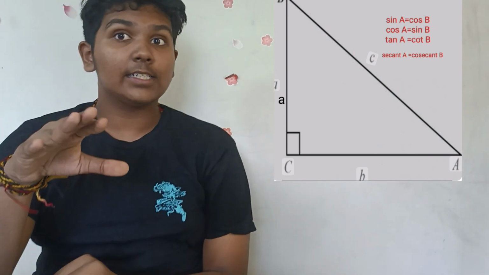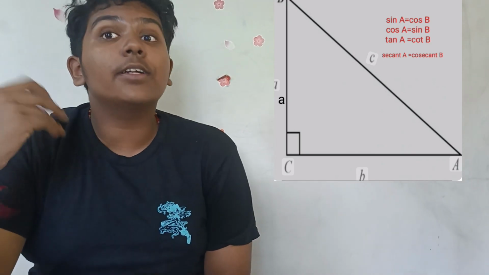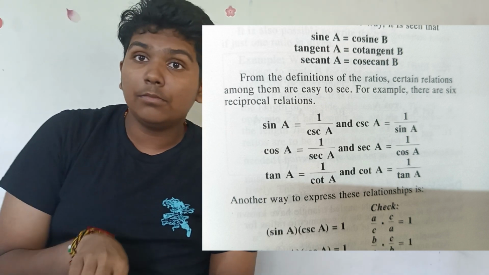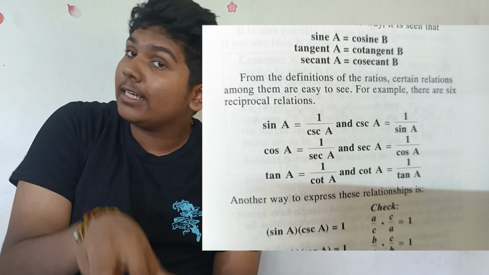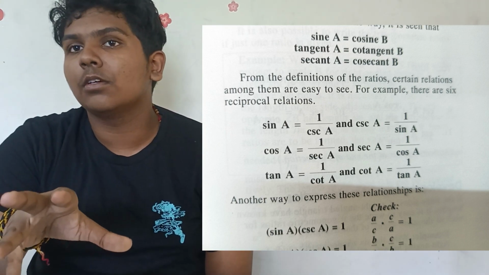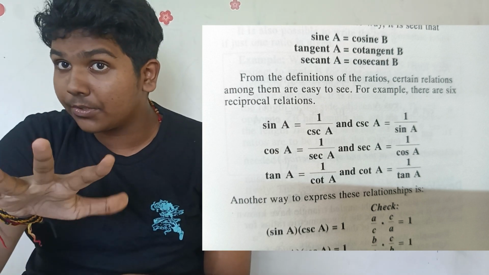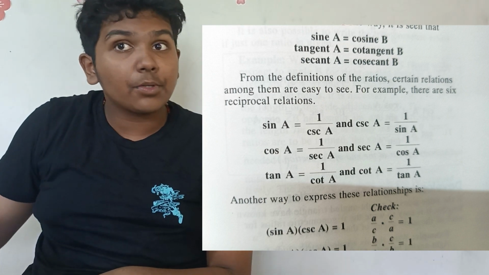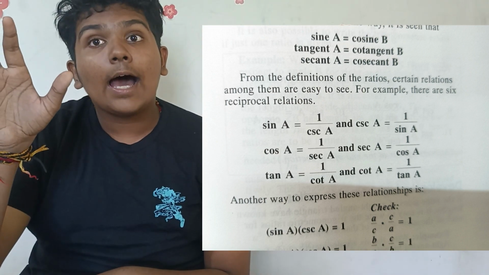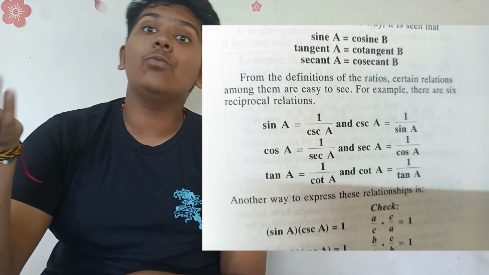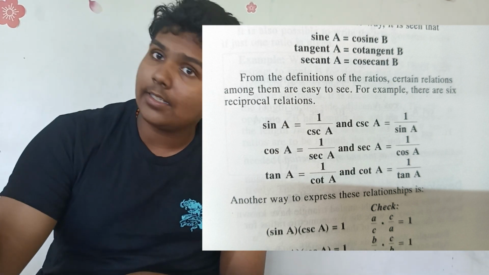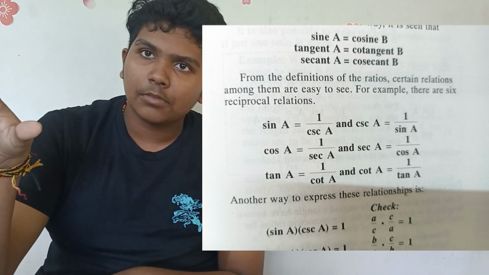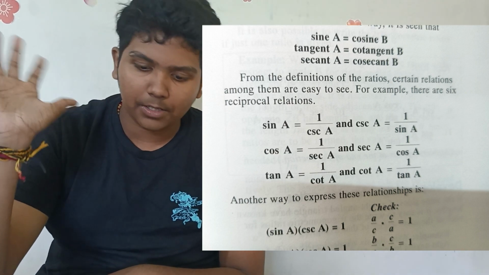So this sin A is equal to the reciprocal of the cosec A. So you understood? Some of the ratios can be equal to the reciprocal of some ratios. Not necessarily all the ratios, okay? So here, as I said, sin is equal to the reciprocal of the cosec. And cosec is equal to 1 by sin A as well. So hence, the ratios are understood for that part.